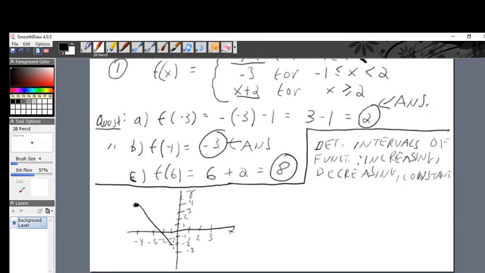Then it's going to move across like this, and then it goes up like this, and then it goes down like this. Okay, now here's how it works.